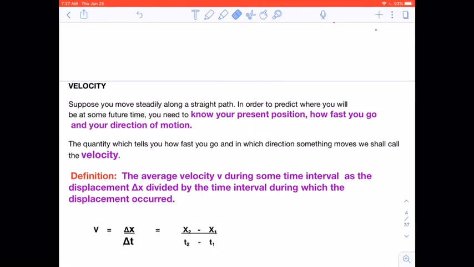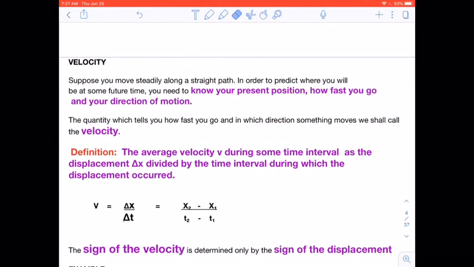Now let's look at velocity. Suppose you move steadily along a straight path. In order to predict where you will be at some future time, you need to know your present position, how fast you go, and your direction of motion.